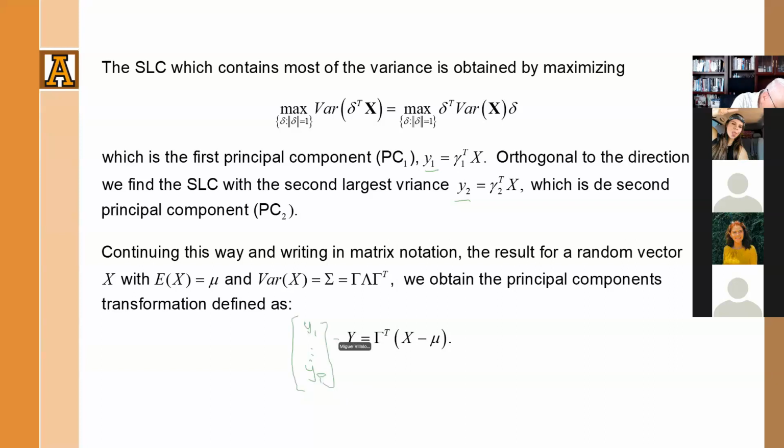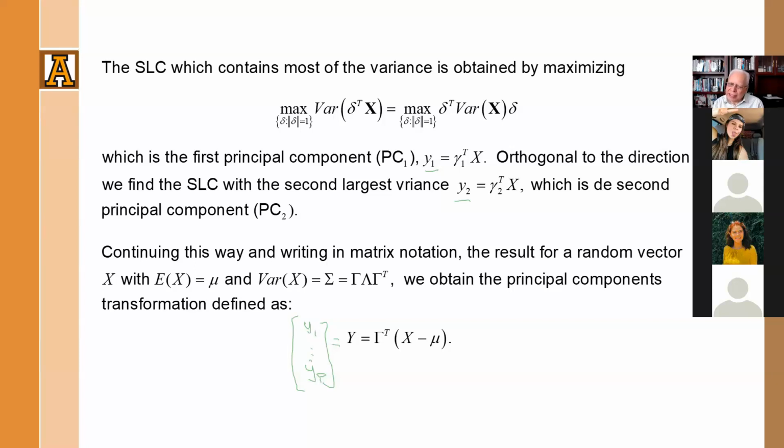I denote that by the vector y, and those principal components will be obtained by gamma transpose times x minus mu. That will give me the projection of the variables x in the new space once I've rotated that thing.